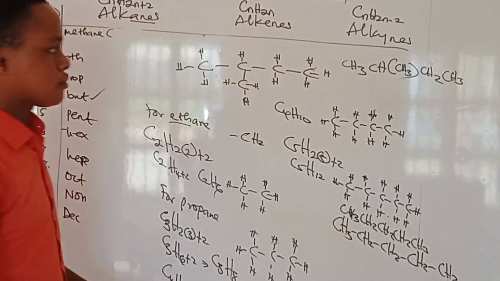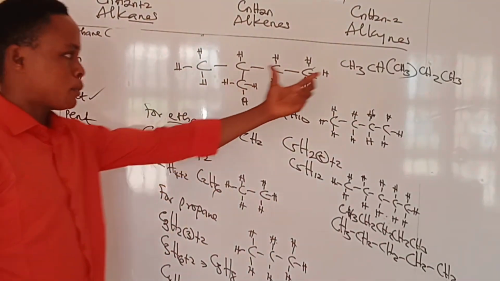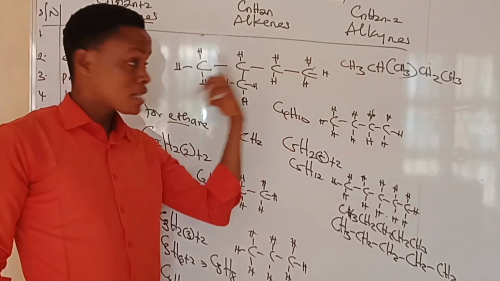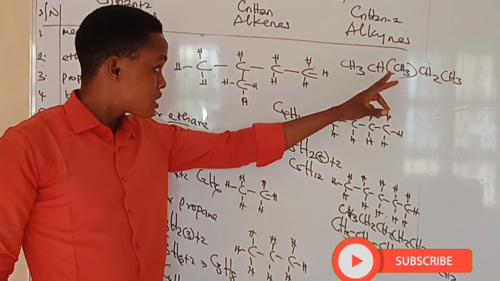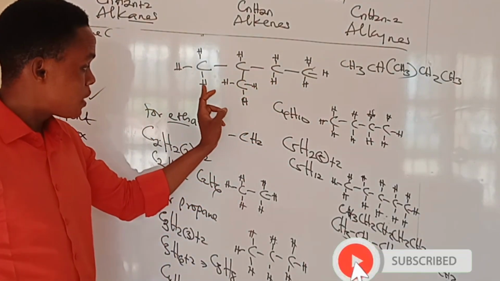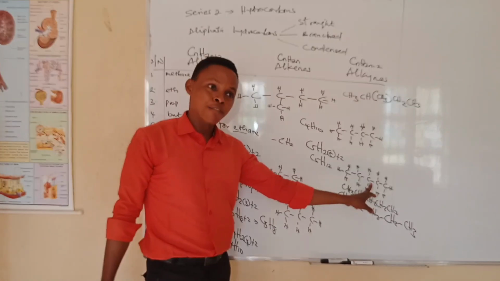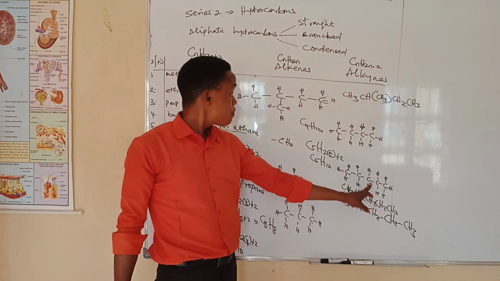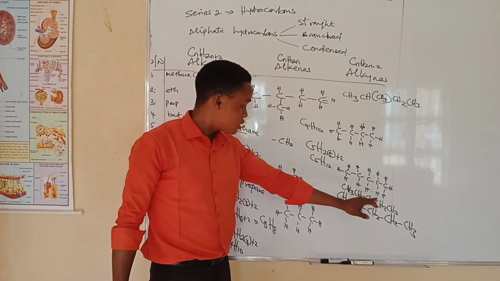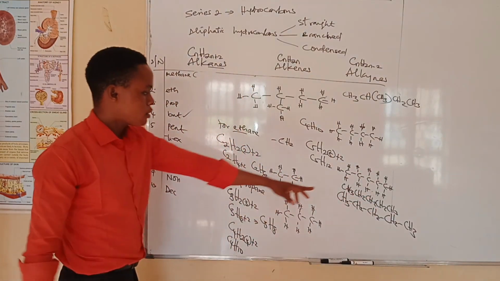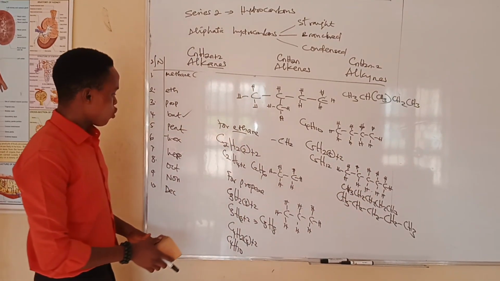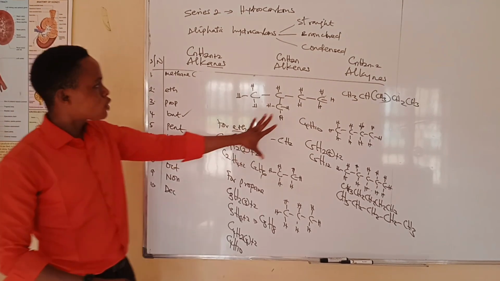Alright? But something has happened here. This is an isomer of this. Those of you that have learned about isomerism, this is an isomer of butane. Isomer of pentane. So this is where I'll actually talk about it.